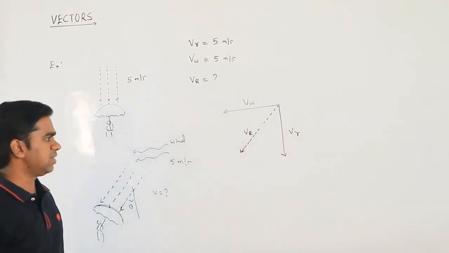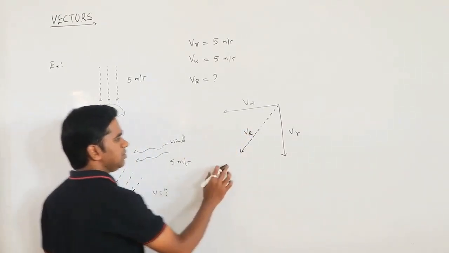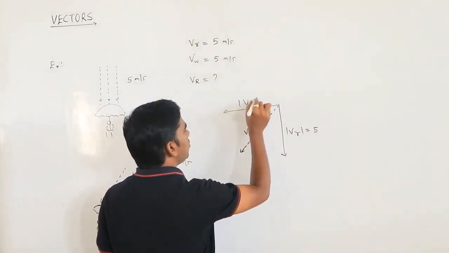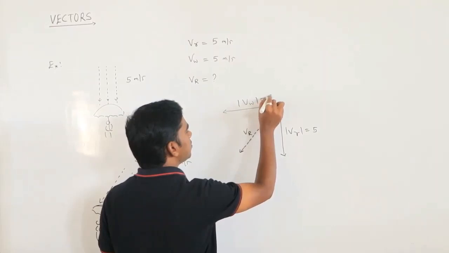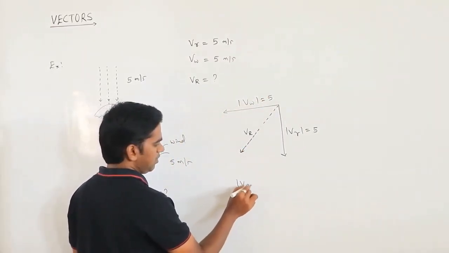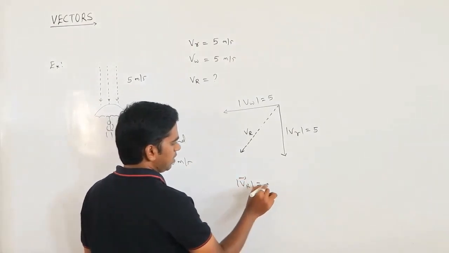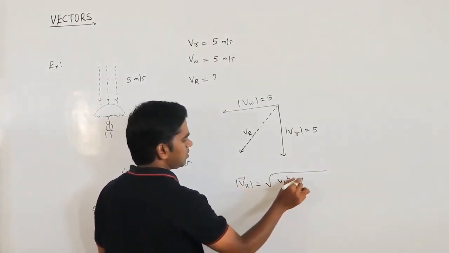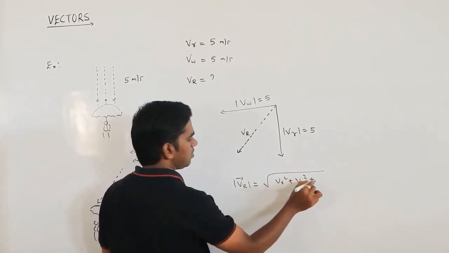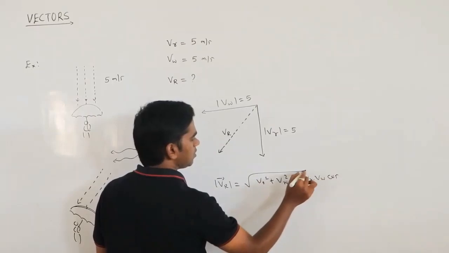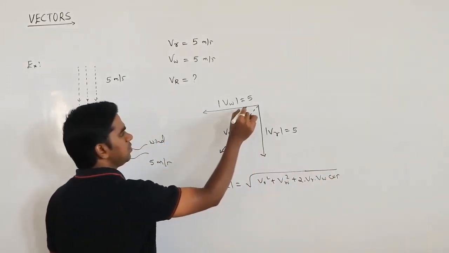VR, capital R. Okay. So to find that one, you need magnitude of Vr. Magnitude of Vr is what? 5. Magnitude of Vw is what? It is also 5. So how we can get magnitude of VR is equals to root of Vr square plus Vw square plus 2 into Vr into Vw cos of, what is the angle between these two?